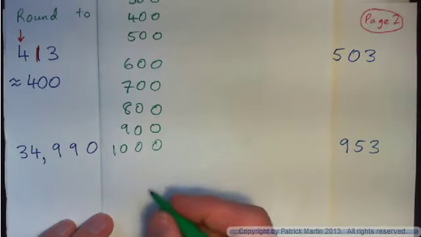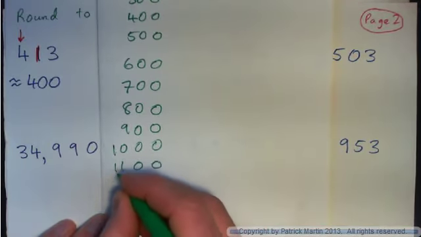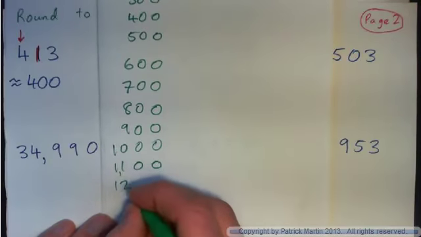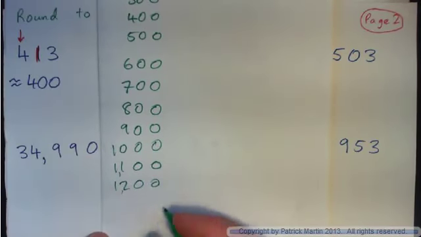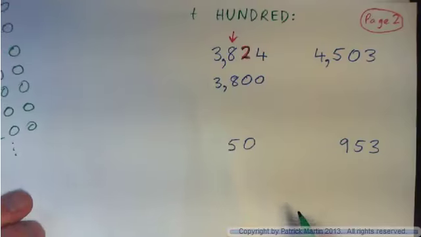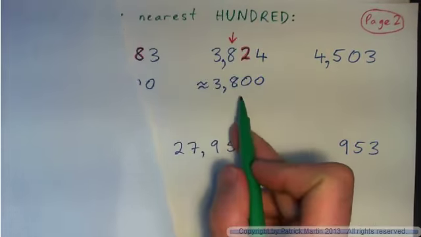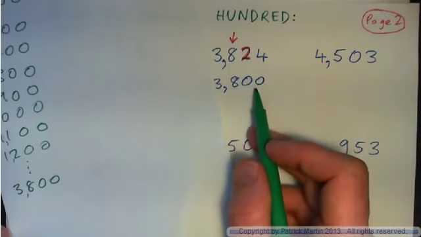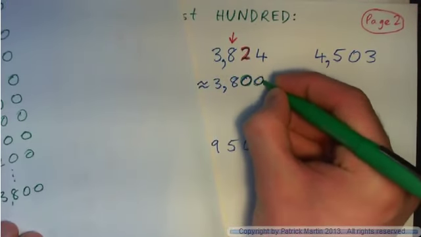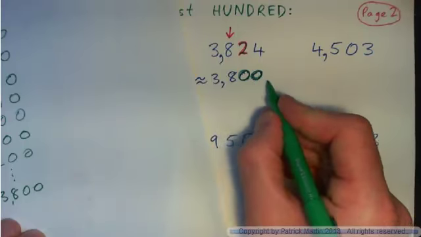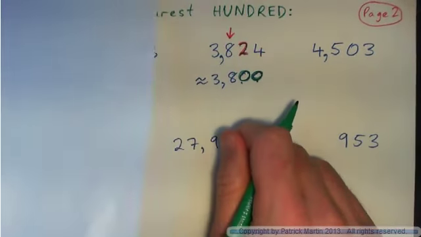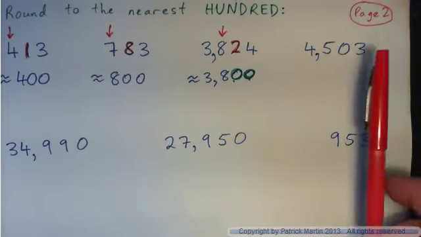Then we'd have 1,100, then 1,200, and so on. And eventually, we would in fact come to 3,800. So this is a multiple of 100 because it has 2 zeros here. It has a 0 in the unit spot and a 0 in the 10 spot. Okay, round this guy to the nearest 100 then.